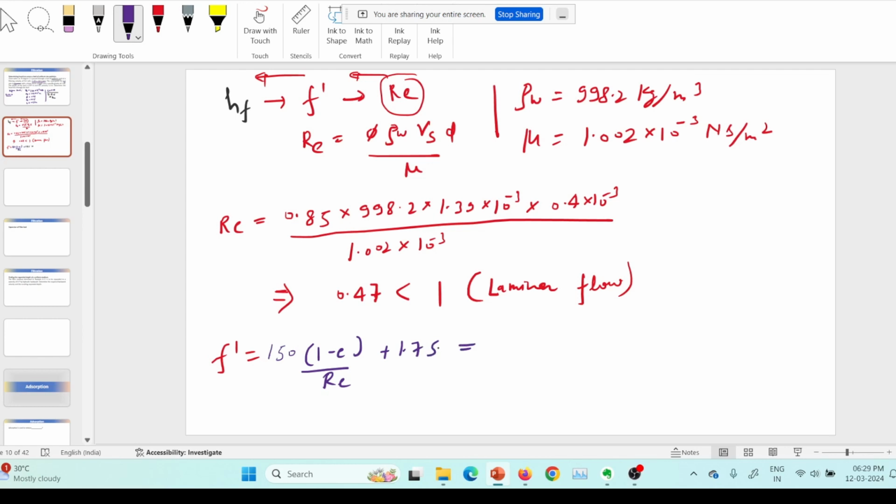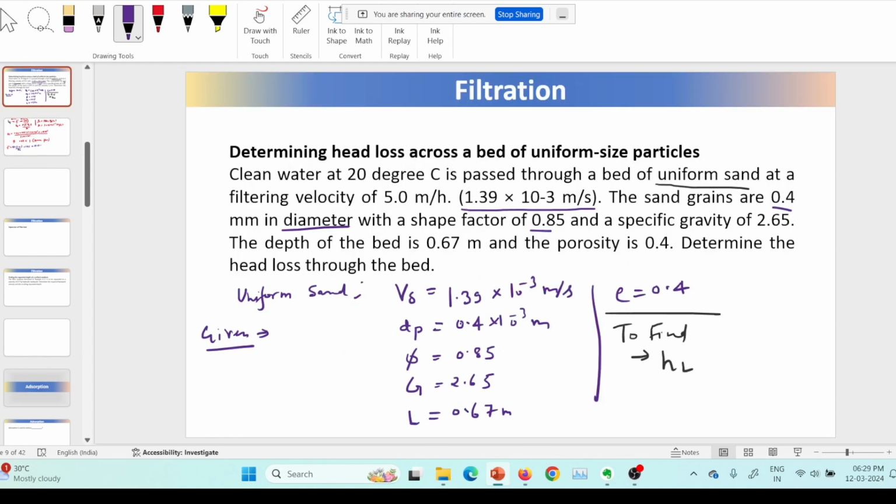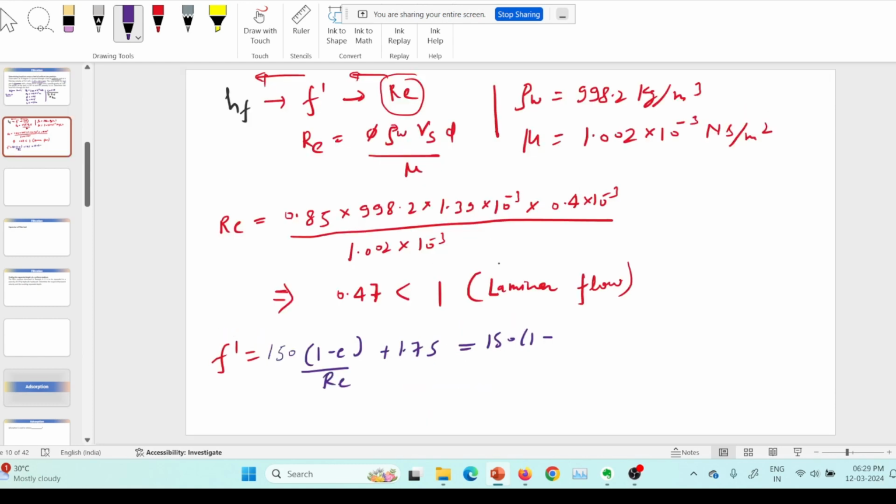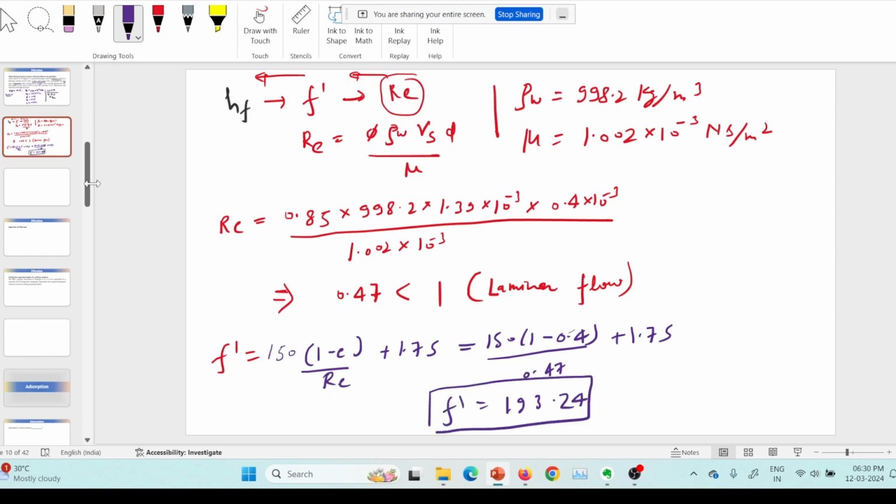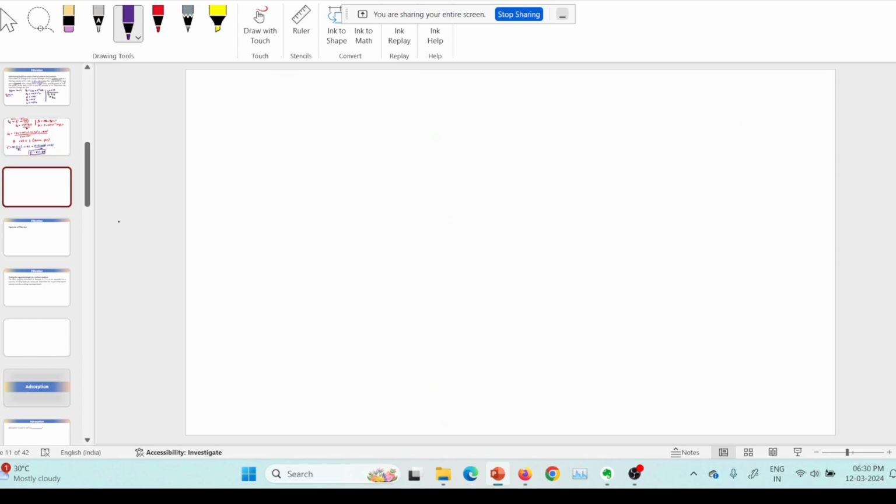So 150, 1 minus E, E was 0.4, divided by Re, which was 0.47, plus 1.75. If you solve it, you will get F dash as 193.24.